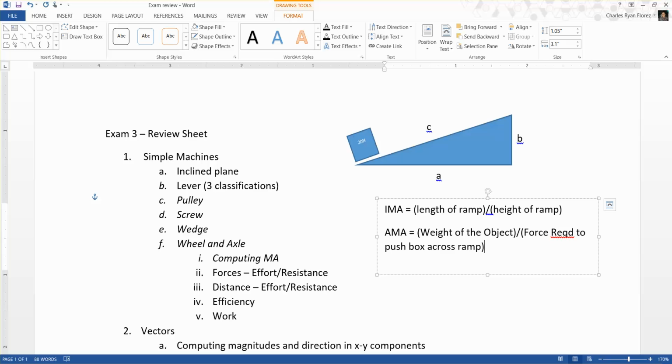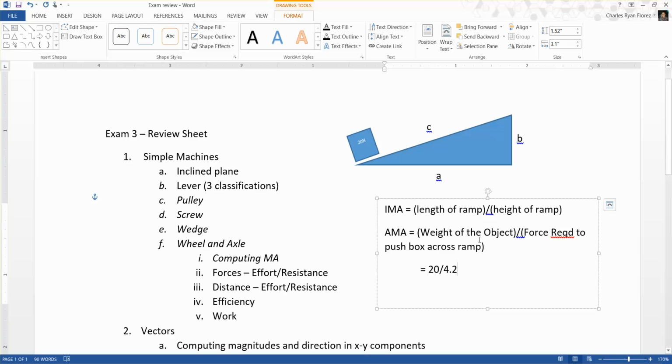I'll just say that. But this is exactly what we had in class, right? So we ended up with 20 divided by 4.2, I believe it was, because 4.2 was the force required to push the box across the ramp.